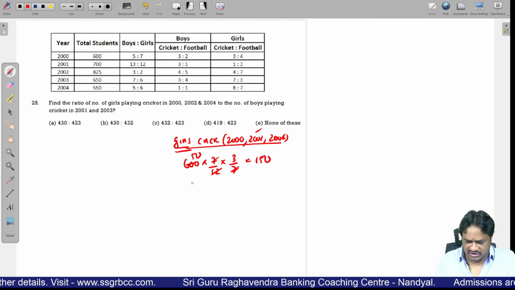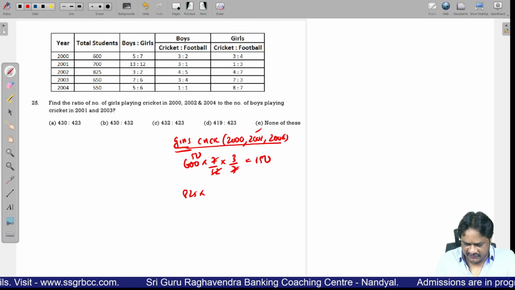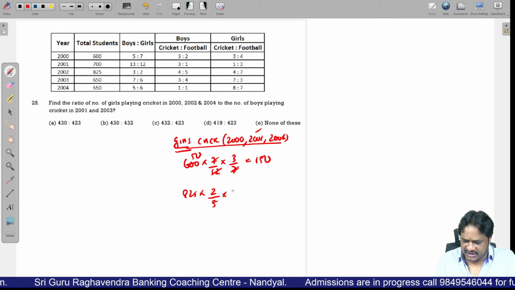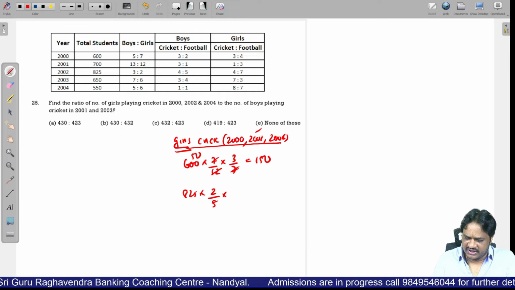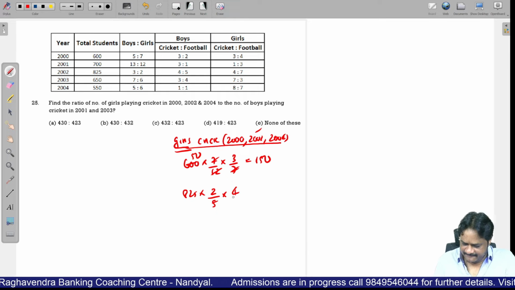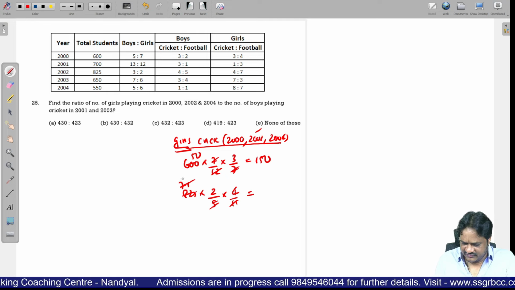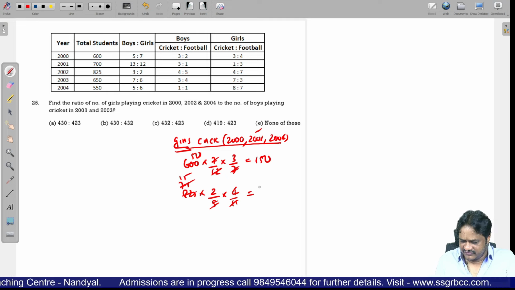Next, 2002: 825 into girls 2/5, and girls cricket is 4/11. 11 ones, 5 fives 15, so 15 twos 30, 30 into 4, 120.